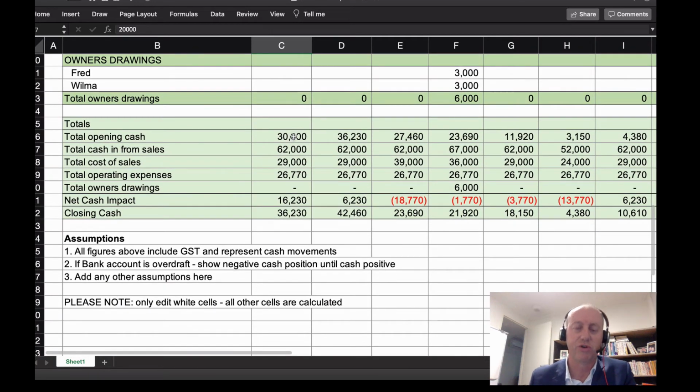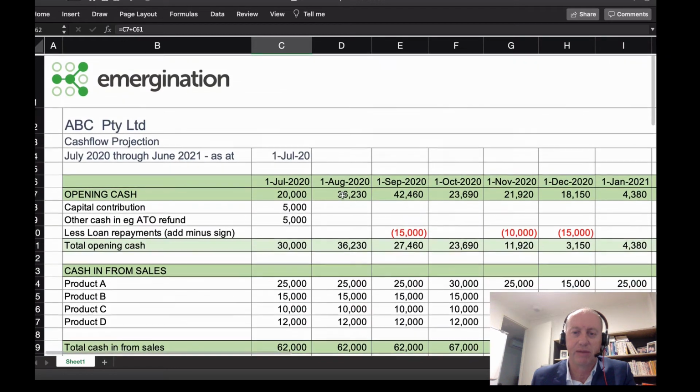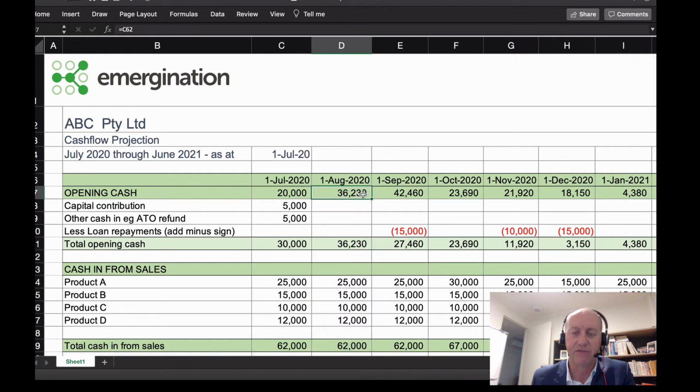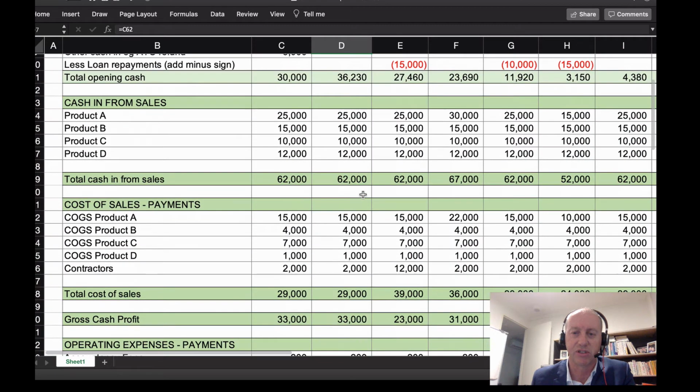Finally, we get down to totals, which gives us the quick analysis of where we're tracking. Opening cash, cash in from sales, cost of sales, operating expenses, owners' drawings, and then a net cash impact there and a closing cash amount. What happens, of course, is at the bottom our closing cash of 36,230 becomes the opening cash for the next month, and so on. The process goes on.